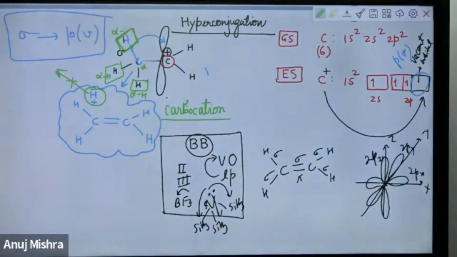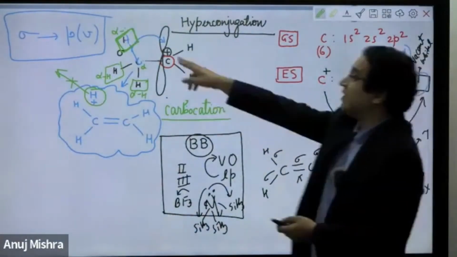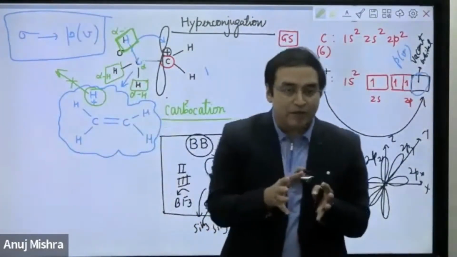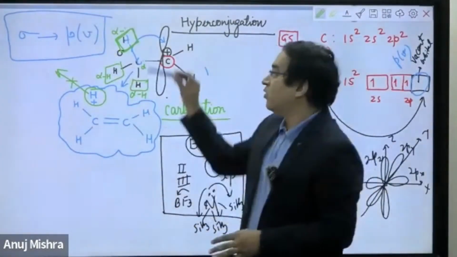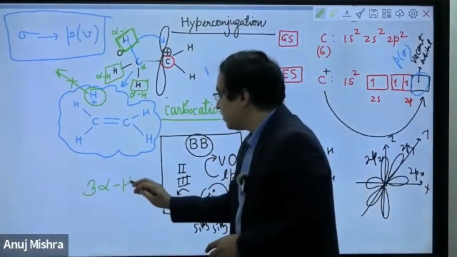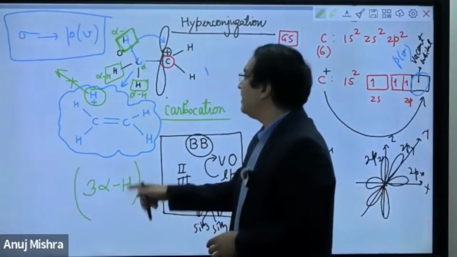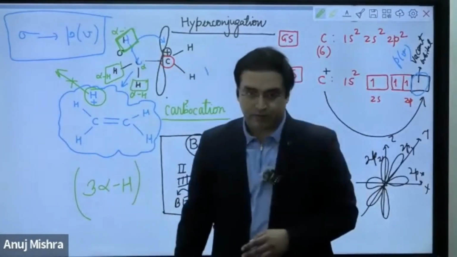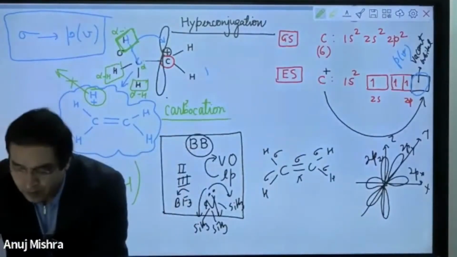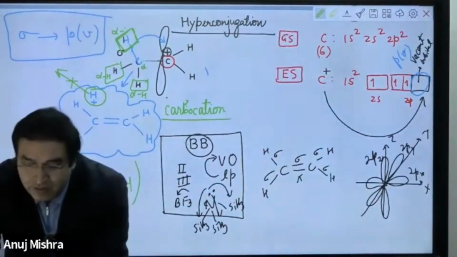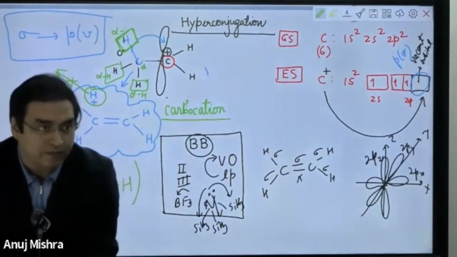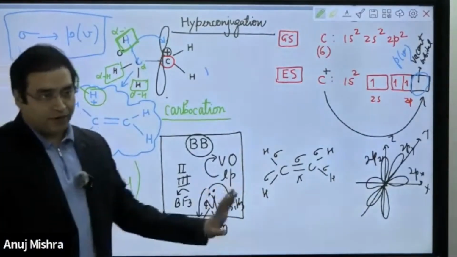These are all the same. There is nothing special about one H compared to another. So you can take any of the H. So we can say that we have got 3 alpha hydrogens which can explain the stability of this carbocation. This is what hyperconjugation is in simple words. Now next time if I give you any alpha H, you just count and you can talk about the stability of carbocation. And this first part will be taken care of. Is it okay?